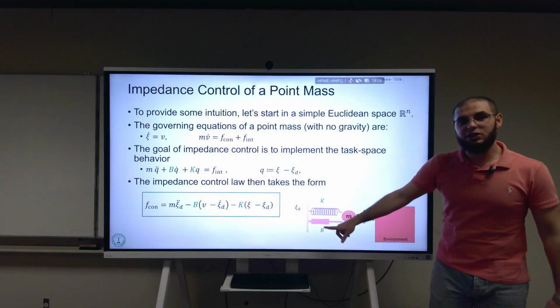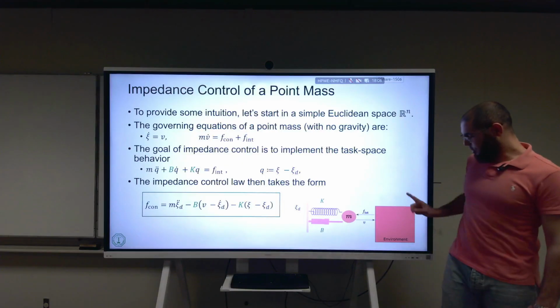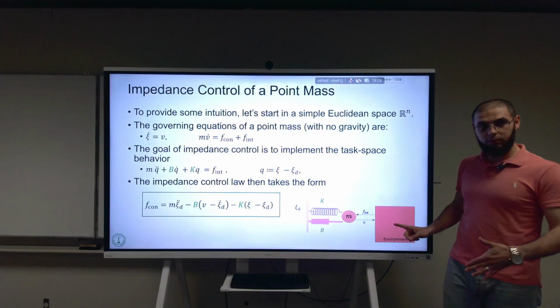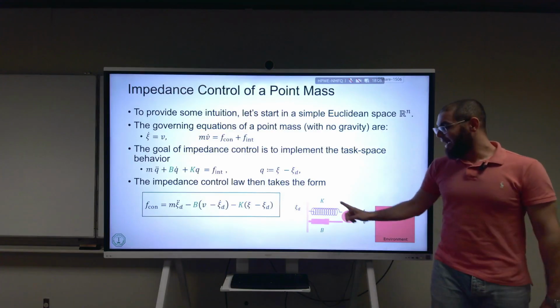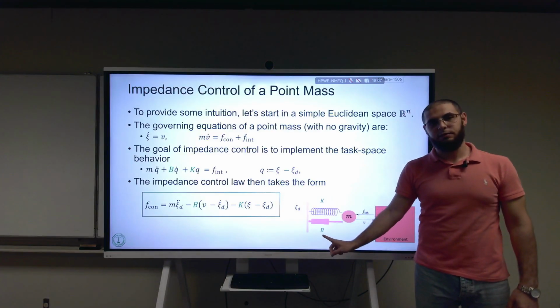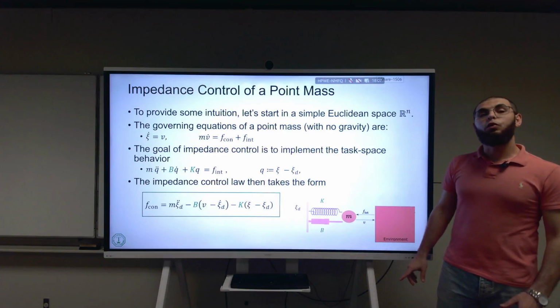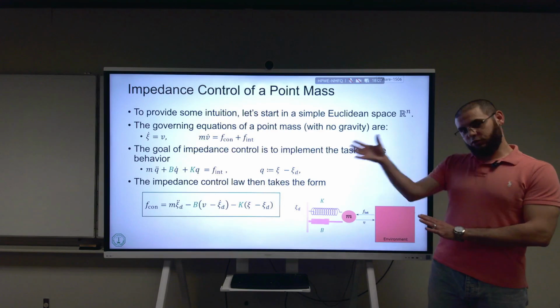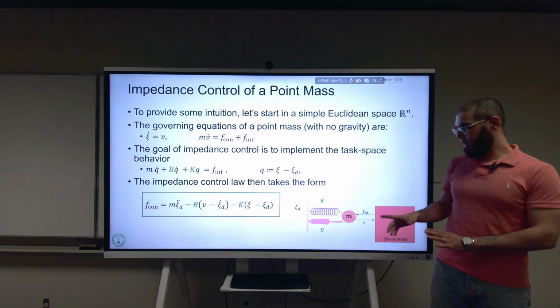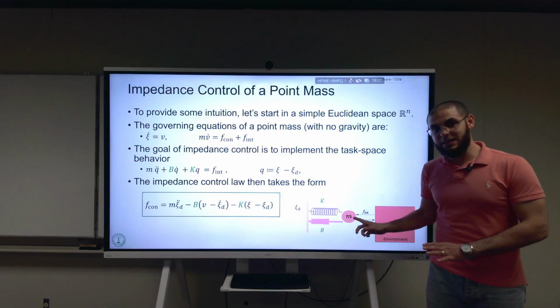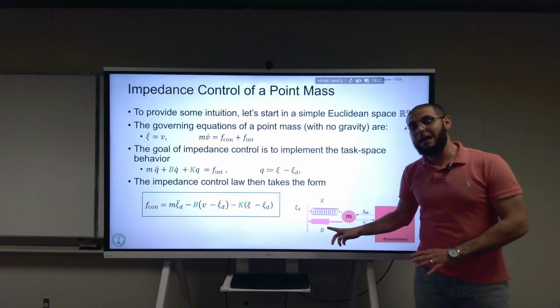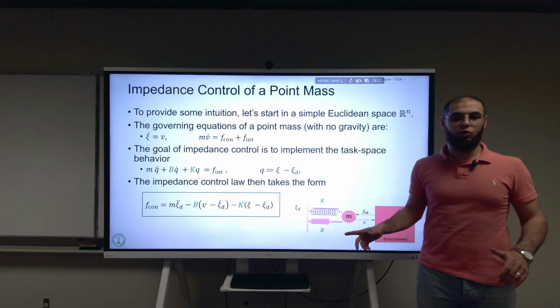You see, there are two things here. There is a physical environment, a physical wall, a physical point mass, and a virtual spring and a virtual damper. So we convert all the robot to this mass spring damper. We haven't talked about the robot yet, which is the next section. But here, if this is a point mass, the spring and the damper are the behavior of the controller.